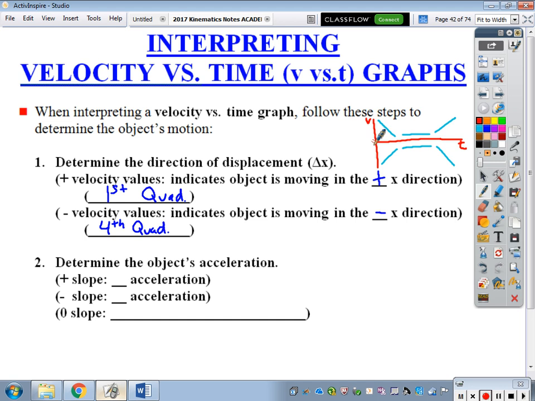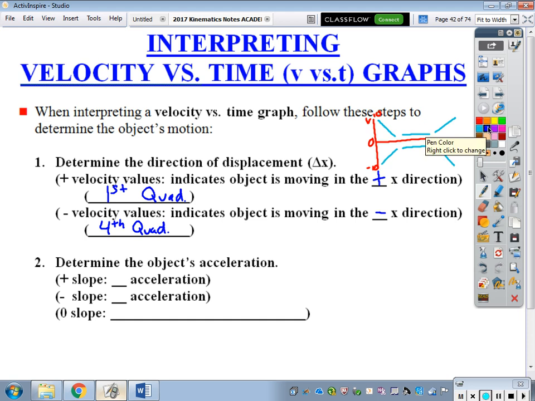And if we were to put our imaginary scale of 0 to 10 to negative 10, then our velocities are all positive. If you have a velocity of, let's just say, positive 6 meters per second, or positive 2 meters per second, or positive 10 meters per second, they're all positive, which tells us we have to go to the right. Anything in the fourth quadrant, the same way. There's 0 to negative 10, so negative 5, negative 4, negative 9 meters per second. They're all negative, which tells us we have to be going to the left.